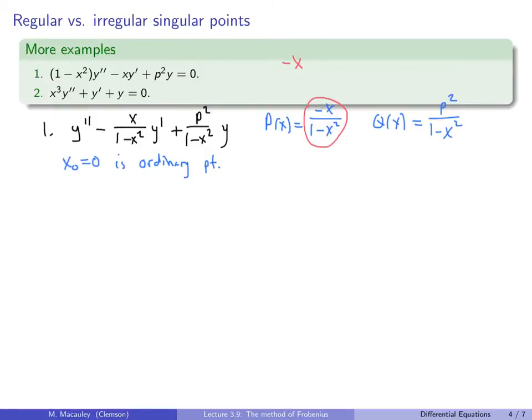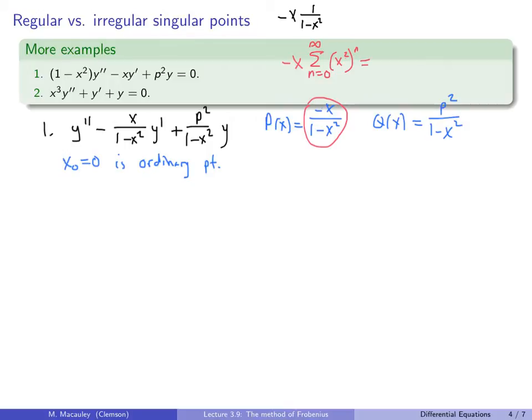So let's write this as negative x times 1 over 1 minus x squared, and that's going to be the sum of x squared to the n.